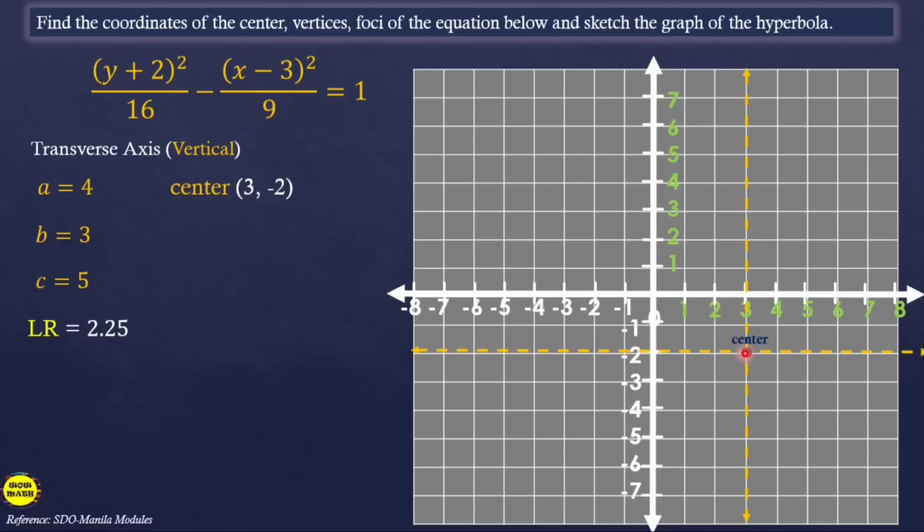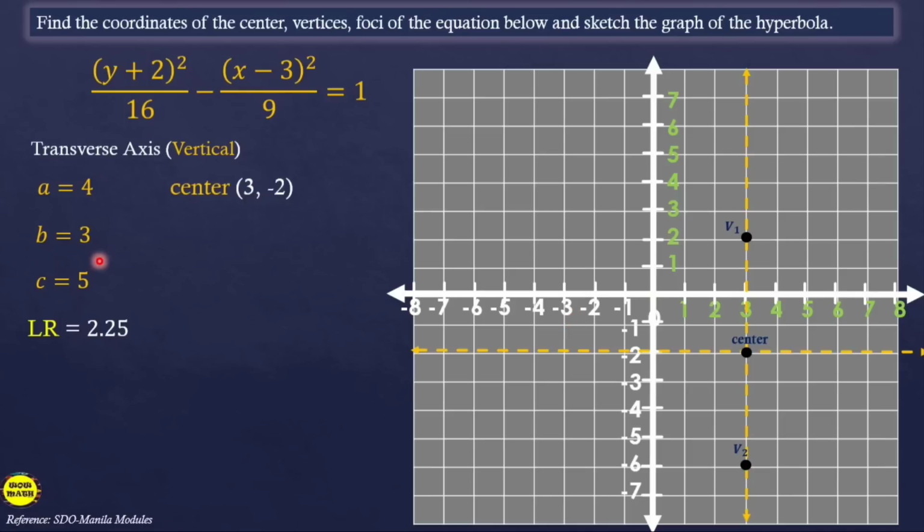So, mula sa center, mag-move tayo ng 4 units pataas. 1, 2, 3, 4. So, nandito yung unang vertex natin. And then, mula sa center, move din tayo ng 4 units sa baba. 1, 2, 3, 4. Okay, so nandito yung pangalawang vertex natin.